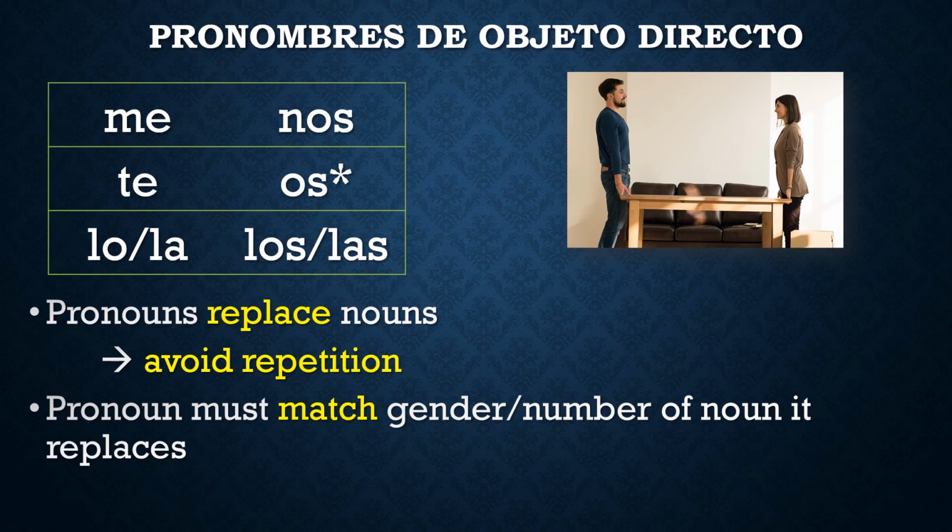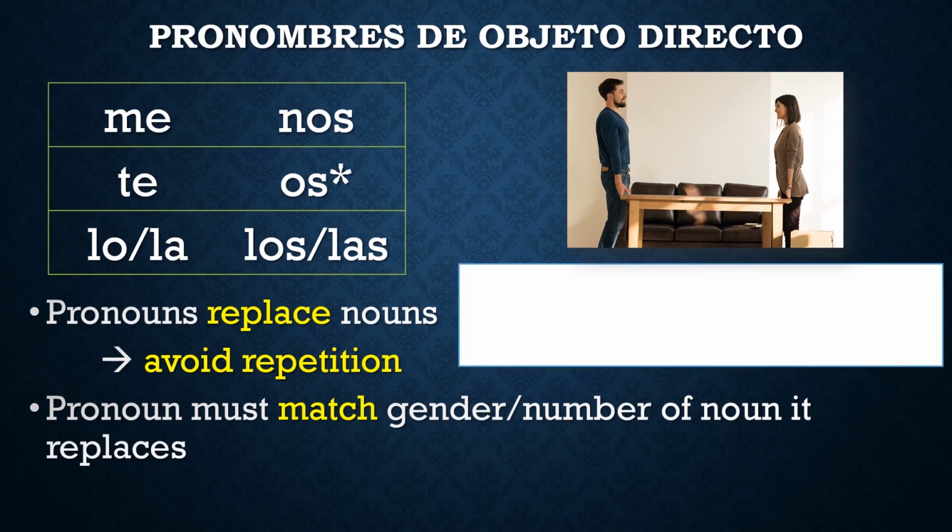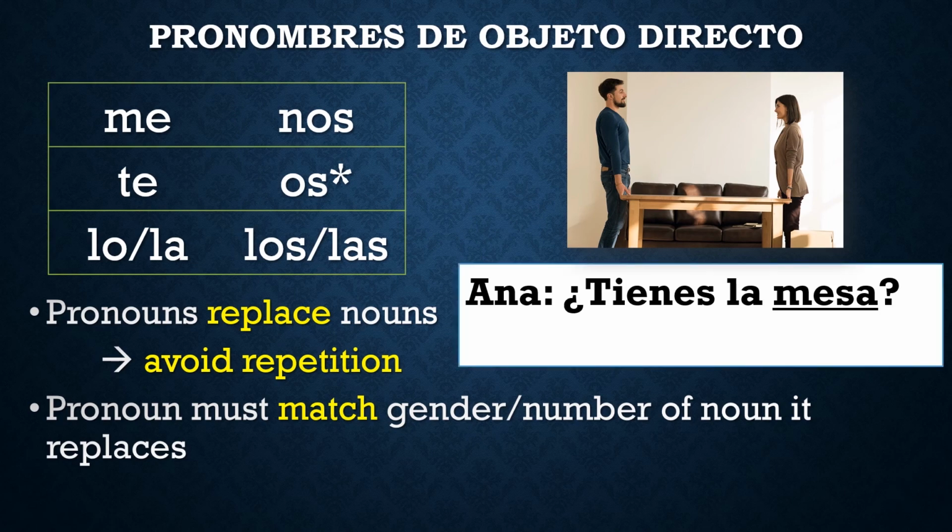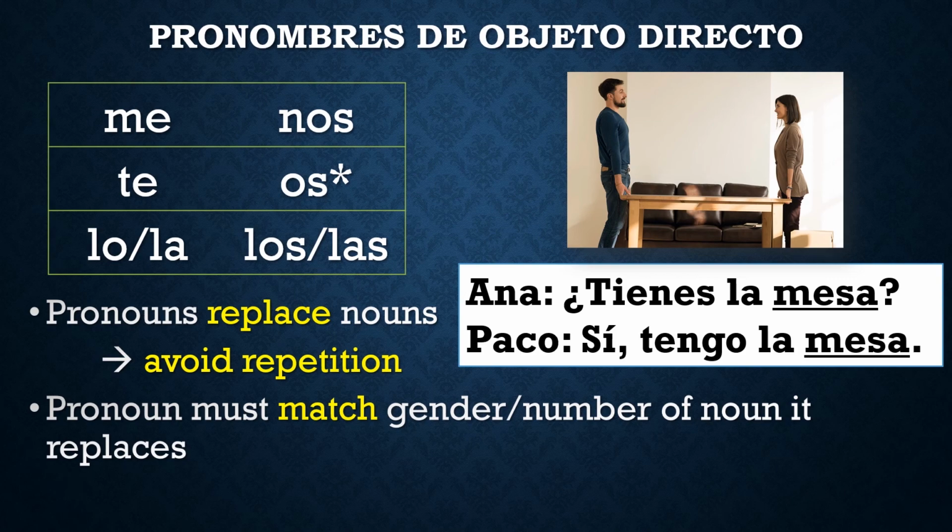Let's say that Ana and Paco are moving to a new house. And Ana asks, do you have the table? ¿Tienes la mesa? Paco responde, sí, tengo la mesa. ¿Tienes la mesa? Do you have the table? Sí, tengo la mesa.